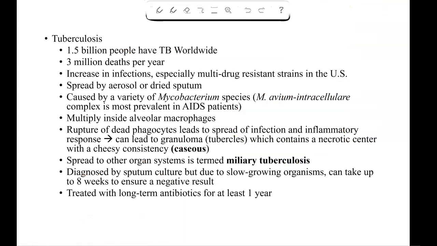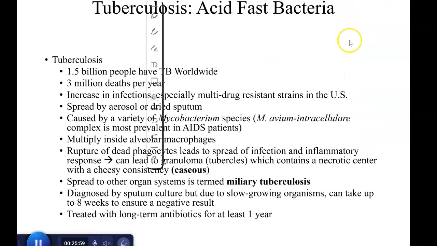An example of an acid-fast bacteria that I know you've heard of is tuberculosis. Tuberculosis affects millions of people worldwide. Sometimes people can actually have tuberculosis and not know because it's such a slow grower that their immune system just kind of keeps it at bay. There are also different strains.